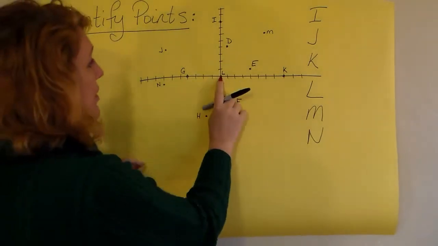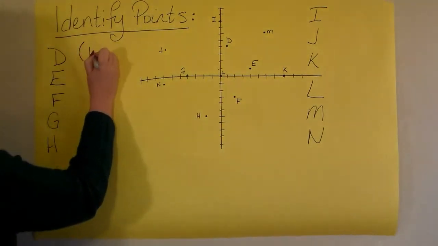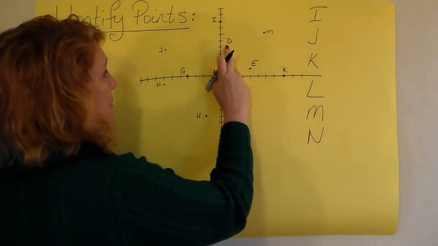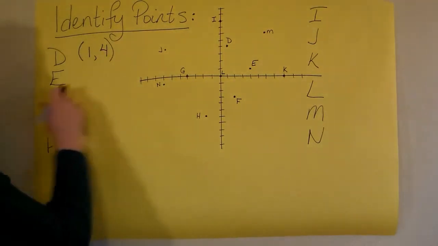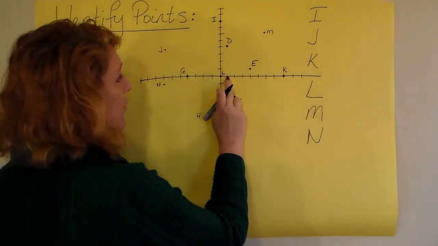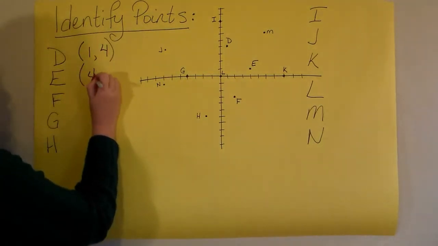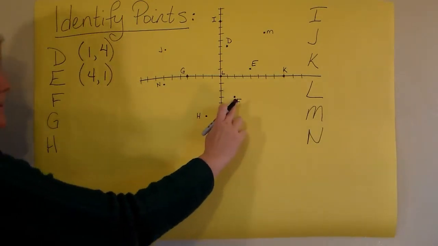Well, D is right here. And to get to D, I go over 1. So X is 1, comma, and I go up 1, 2, 3, 4. So D is 1, comma, 4. E is over here. I'm going to go over 1, 2, 3, 4, and up 1. E is 4, comma, 1. F is here.